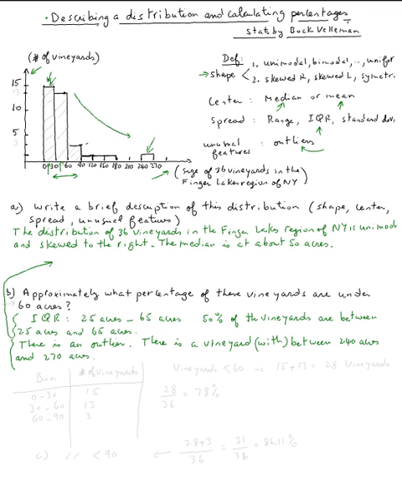Now question B. Approximately what percentage of these vineyards are under 60 acres? They're talking about these two bars. Tell me if you agree. Here's the bin, and here's the number of vineyards.